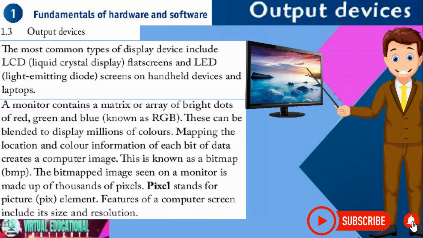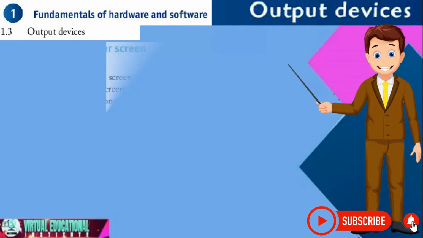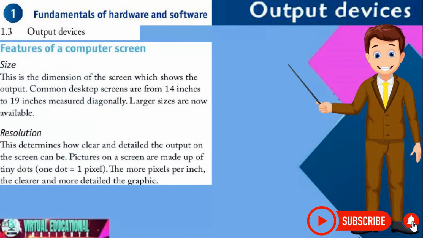Features of a computer screen include its size and resolution. You will get a better understanding of the relationship between pixel size and resolution. As mentioned earlier, features of a screen include your size and your resolution.